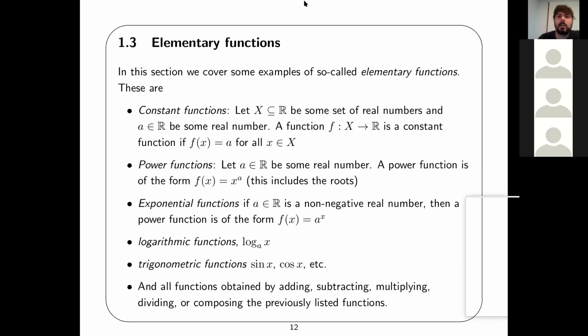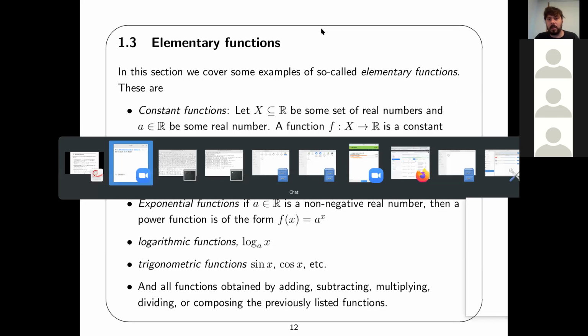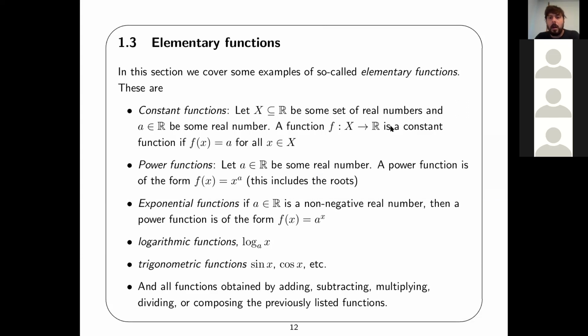Just a quick check that you are following what we are talking about. Think about this very quickly. Why do we require a to be non-negative? Anyone? If we do an exponential function, why do we require the base to be non-negative?